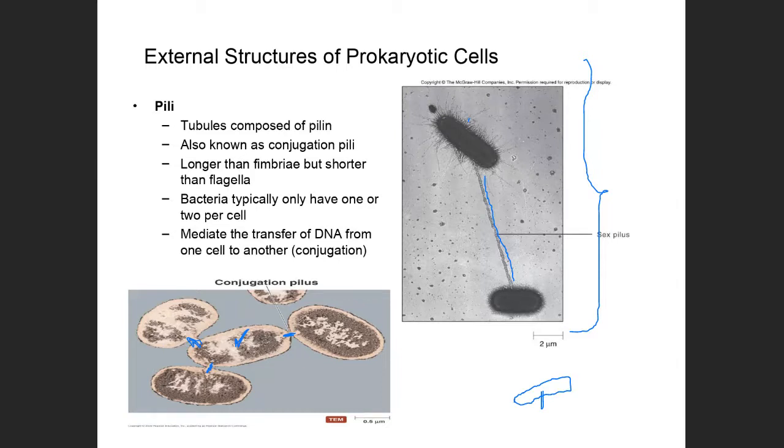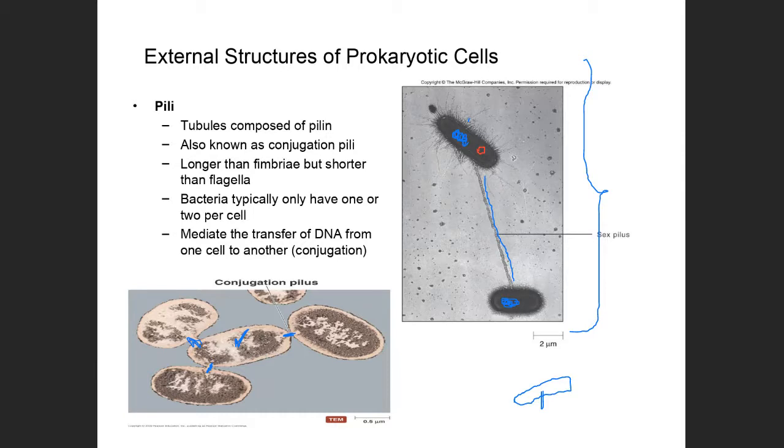But let's say that both of these cells have chromosomal DNA, right? And the chromosomal DNA is in the cell. And they're different, of course, but one of them has what we call a plasmid, right? And plasmids are small pieces of DNA that are extra chromosomal, not part of the chromosome, and they're self-replicating, and they code for the resistance to antibiotics or for the production of a specific metabolic end product, like a pigment or like a toxin, okay?